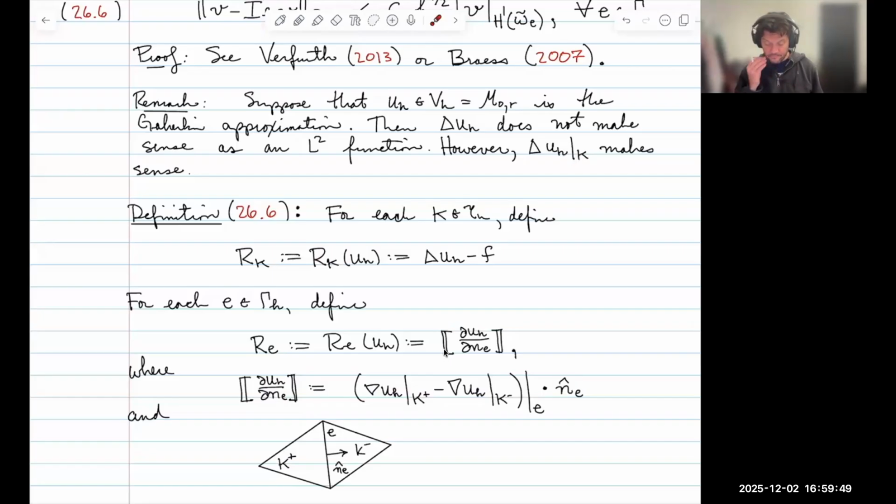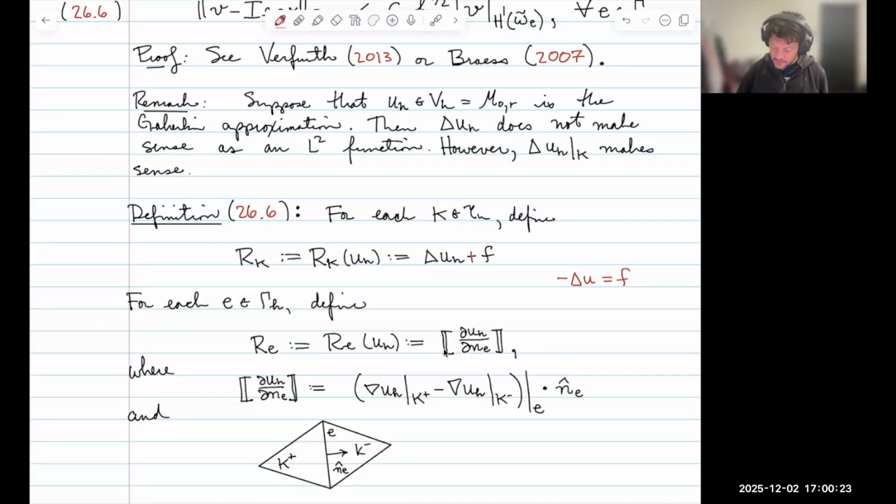So now, for each K in the triangulation, we need to define an object called the residual for the computed Galerkin function. What is a residual? I think I defined this incorrectly here. The original thing that we were looking for is this object here, right?